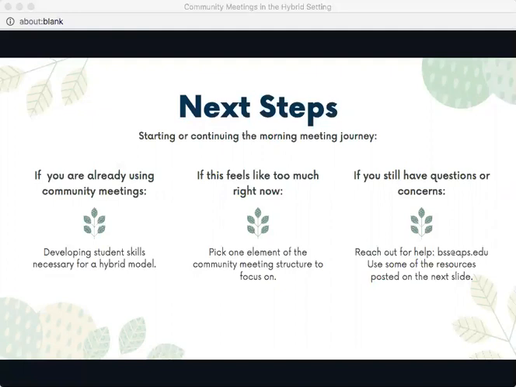If this feels like too much right now, which is understandable because we all have a lot going on as we're thinking about transitioning to hybrid, I encourage you to just pick one element of the community meeting structure to focus on. So maybe if you're not using community meetings at all, you might say, you know what, I can start with a morning greeting where students have the opportunity to greet one another by name. That's a great first step.